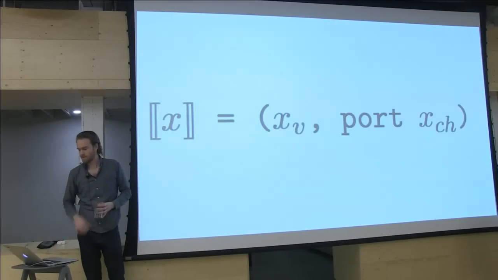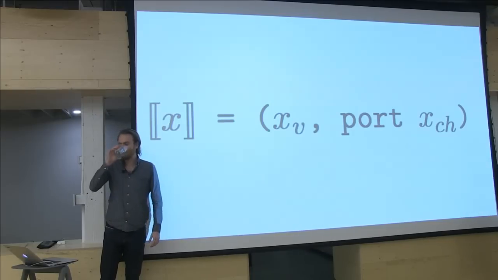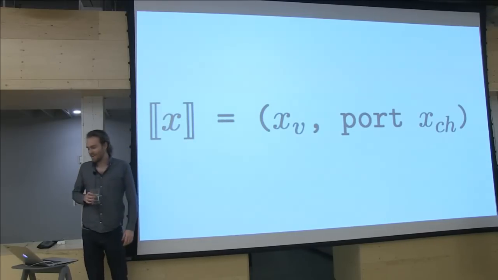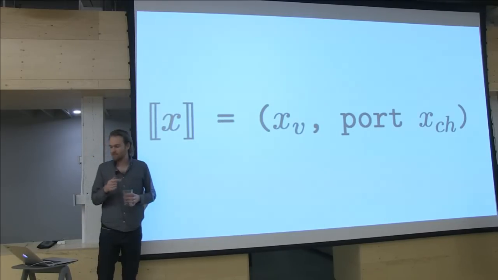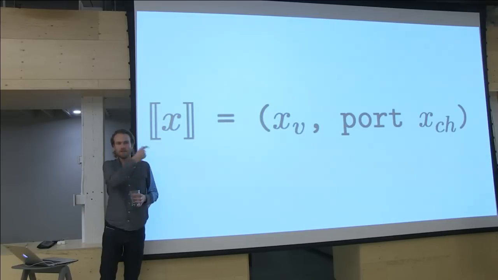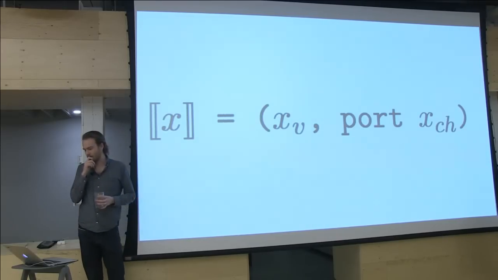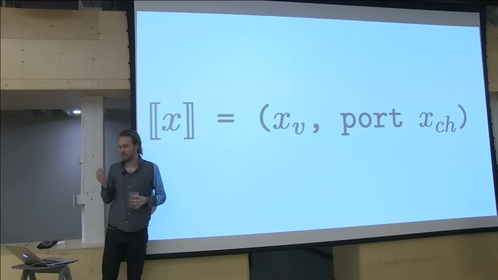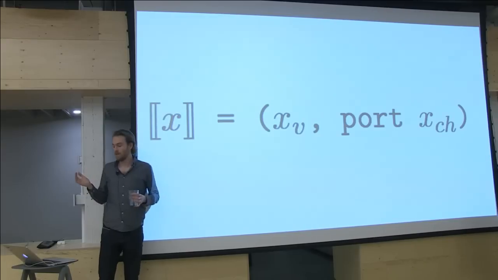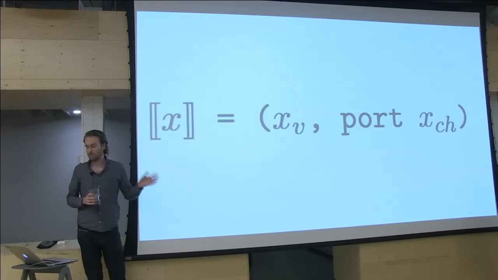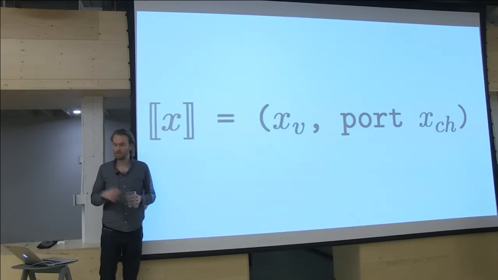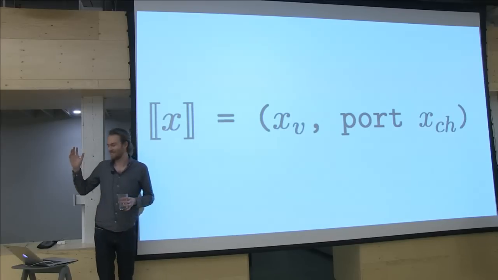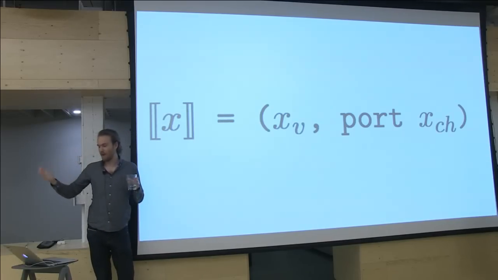Okay, here's some syntax. Basically, I'm not actually sure what's with these square bracket things, but somehow when you see these square brackets around an expression, you can replace it mentally with a pair.